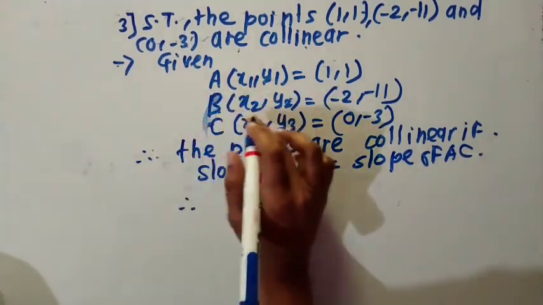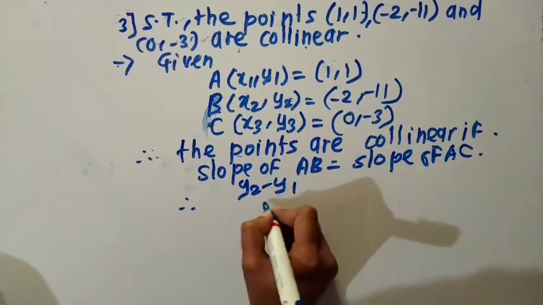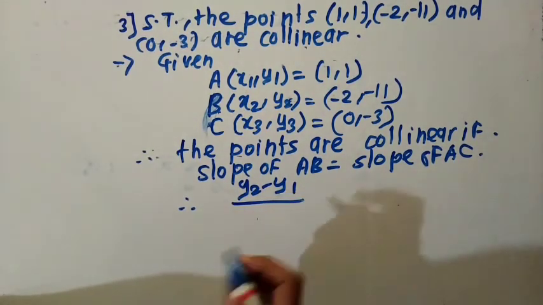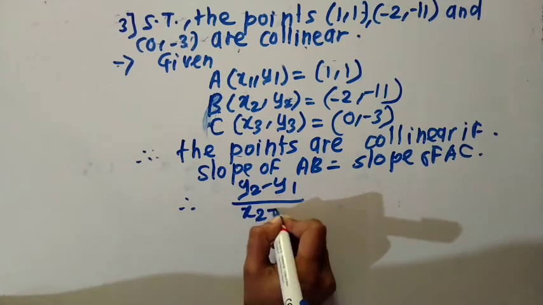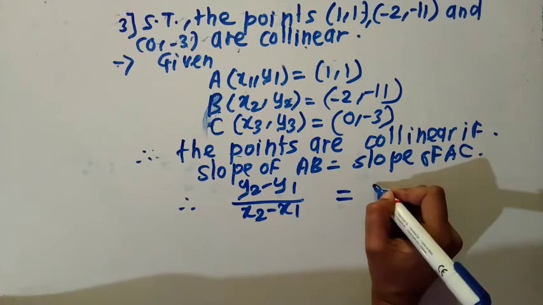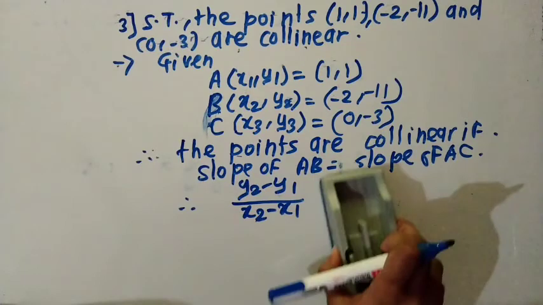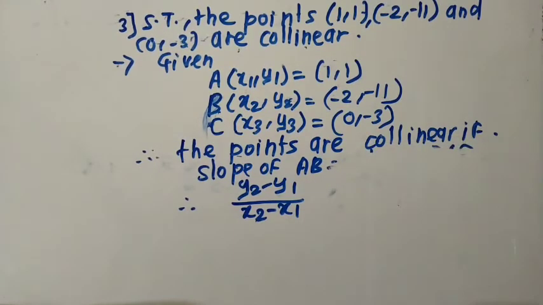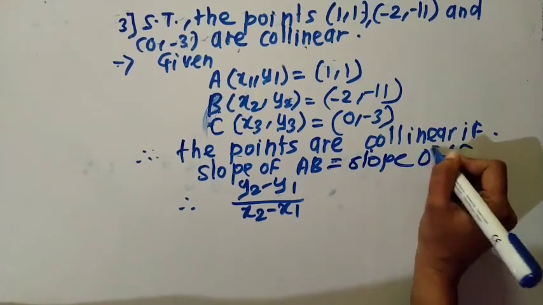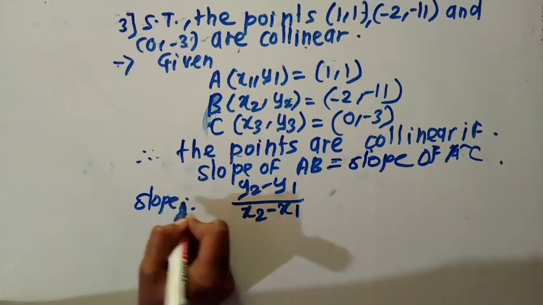Then slope of AB is y2 minus y1 upon x2 minus x1, and slope of AC, first find out slope of AB.